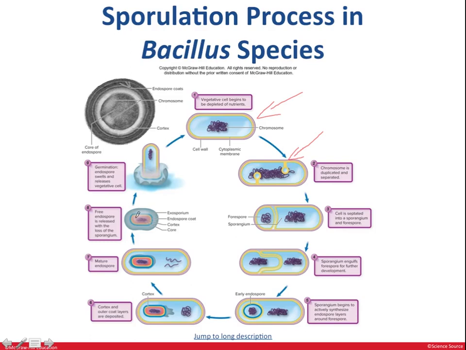Once the environment changes, for example, once the endospore gets into ideal, optimal environments such as humid and warm, it can take in more water, and the chromosome generates more and more cytoplasmic stuff such as ribosomes to produce more and more proteins, and becomes a vegetative cell again.